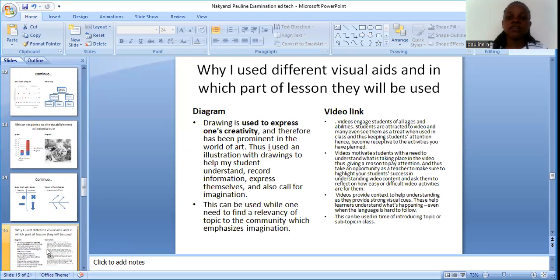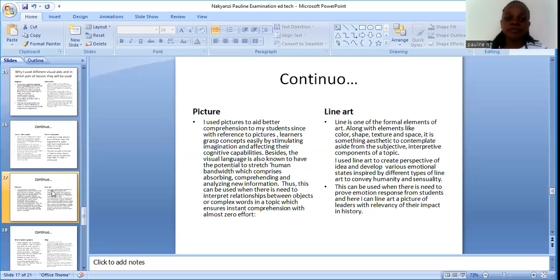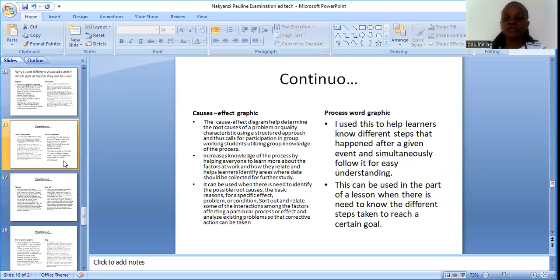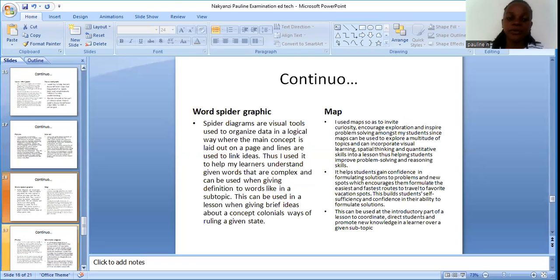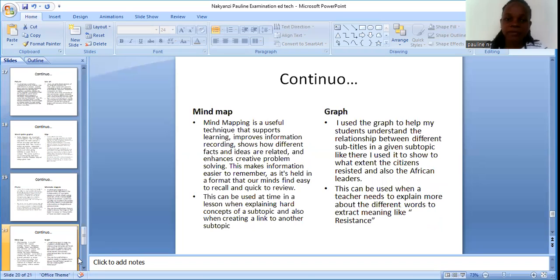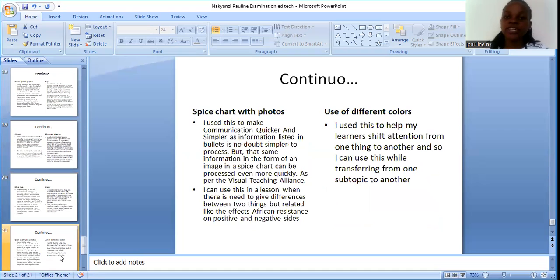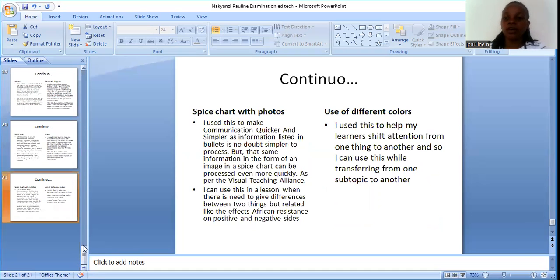First, I'll explain about the diagram, the video link, the picture, the line art, cause and effect graphic, process word graphic, word spider graphic, the map, photo, the schematic diagram, mind map, the graph, spice chart with photos, and the use of different colors in my work.